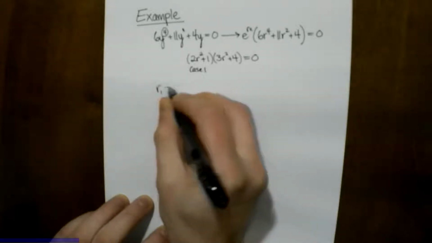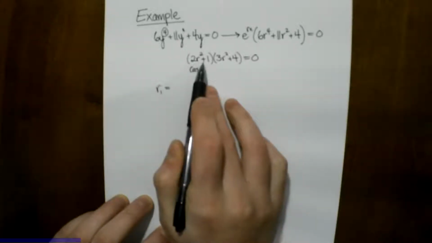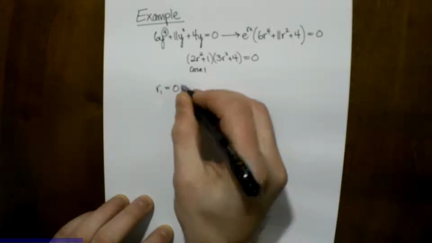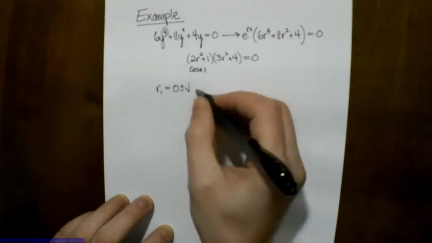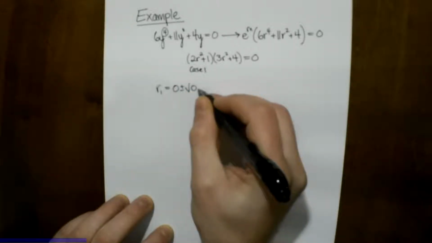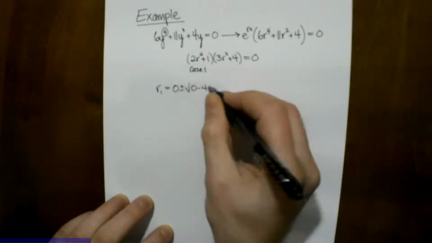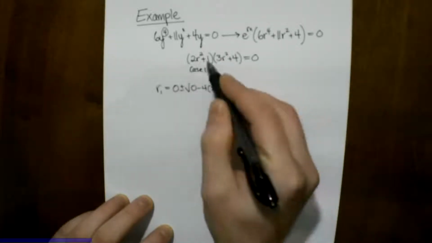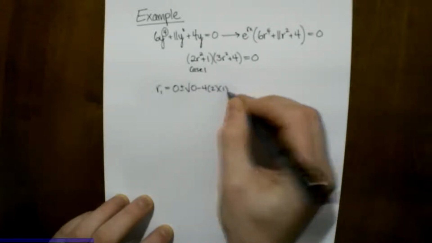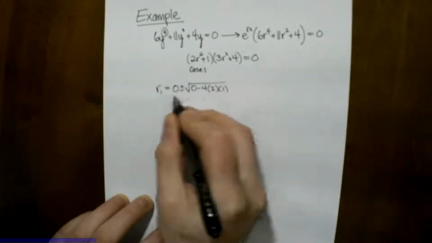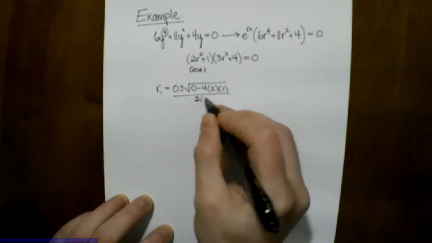We'll then say that it's equal to the opposite of b, and we don't have a b, so that's 0, plus or minus the square root of b squared, which is again 0, minus 4 times a, which is 2, times c, which is 1. And this is all over 2a, so 2 times 2.